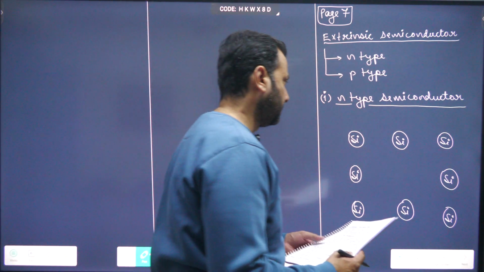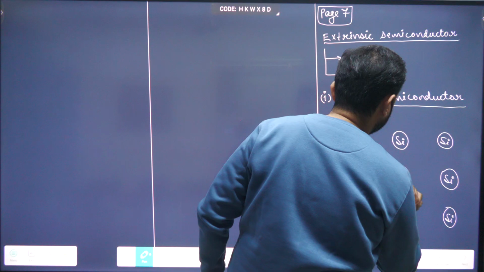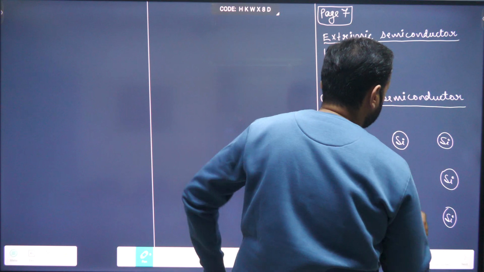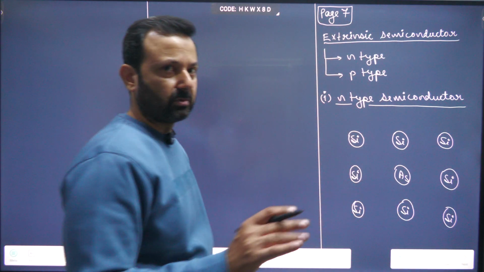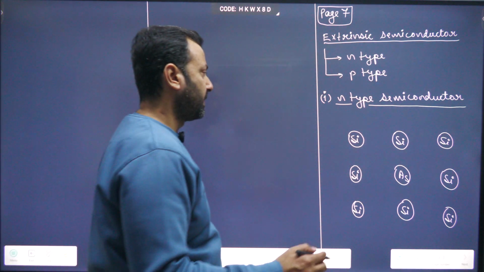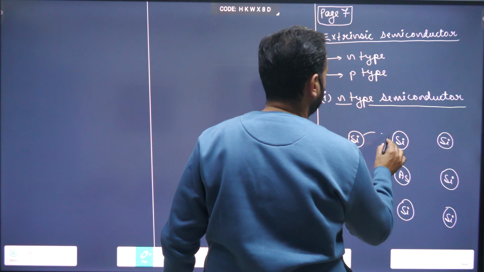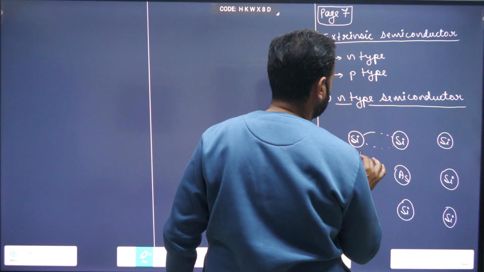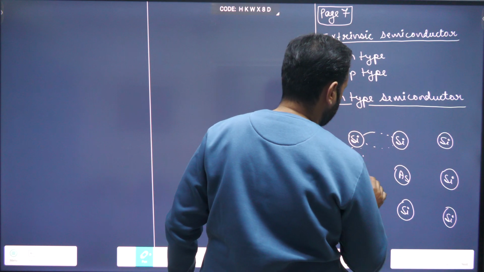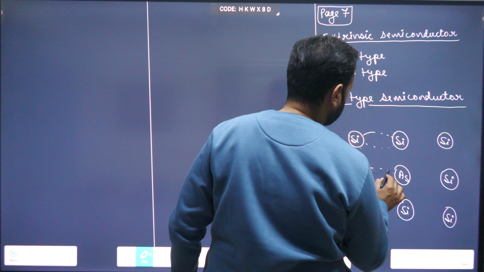If I add this arsenic, then arsenic has 5 valence electrons. So this silicon is making a bond with this silicon, and this silicon is making a bond with this arsenic.